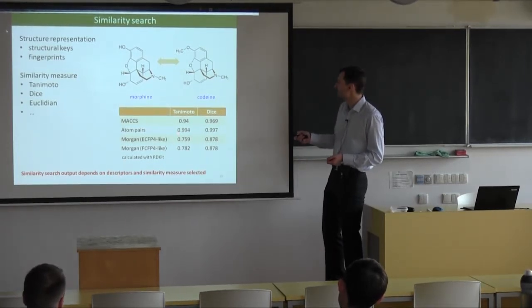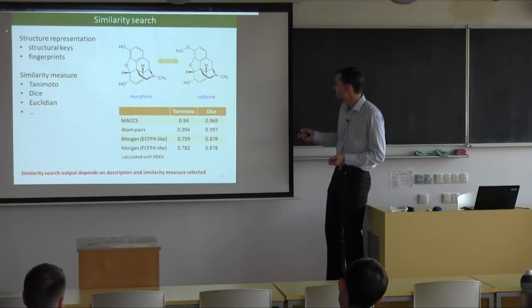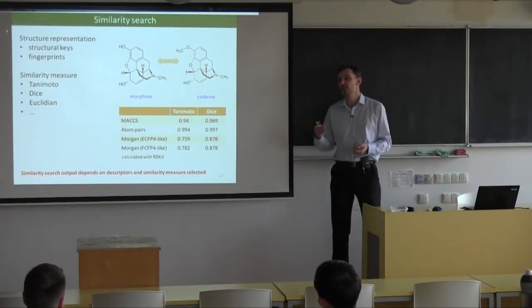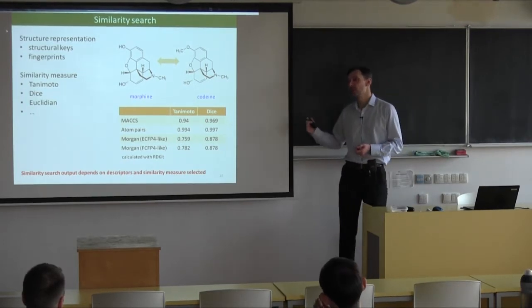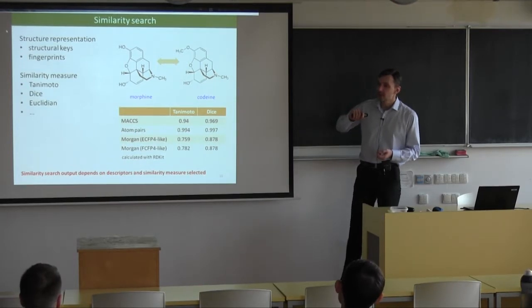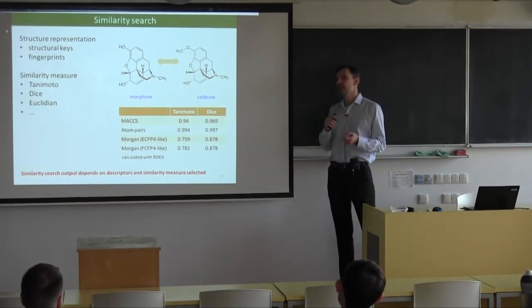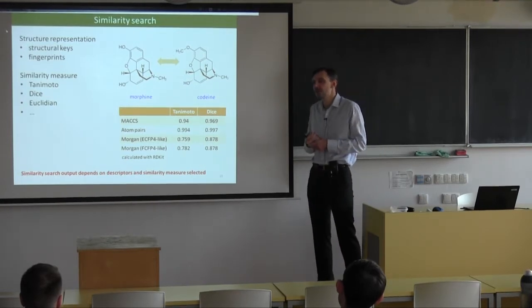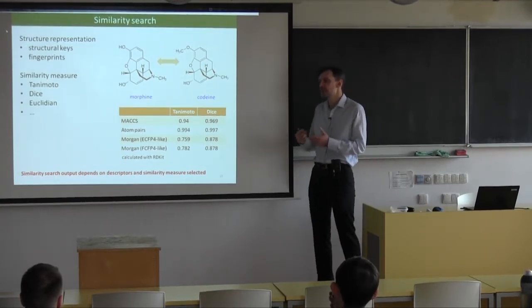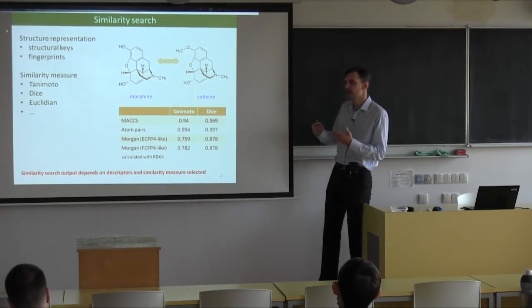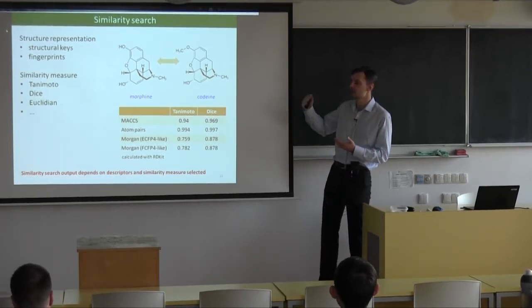The numbers also may be different for different measures used to calculate the similarity. So I just wanted to show you that when you perform a similarity search, you should understand what representation to use and what measure to use, because otherwise you will get different values, and even the rank of compounds can change.